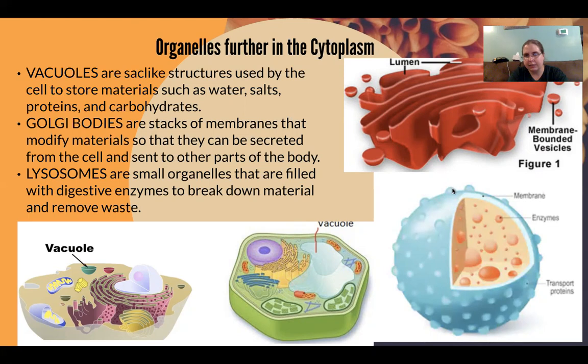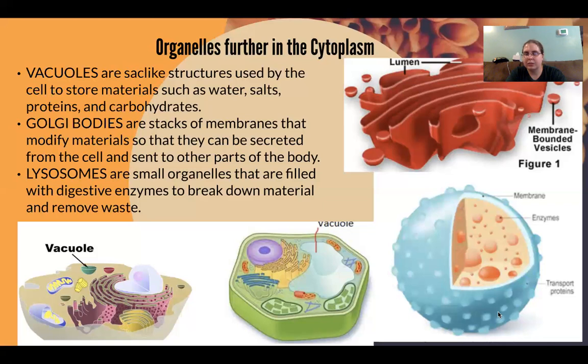Lysosomes, we can kind of see that here. It is a small sac of digestive enzymes. So the function of the lysosome is to break down different material that maybe doesn't work anymore. So if it's an organelle that's faulty, it can break that down.